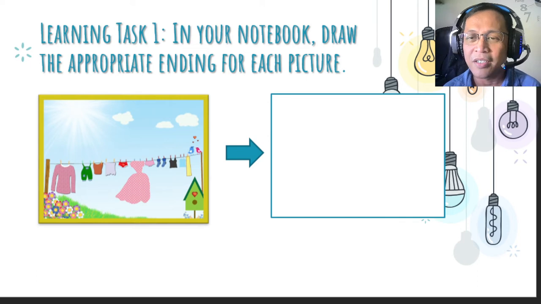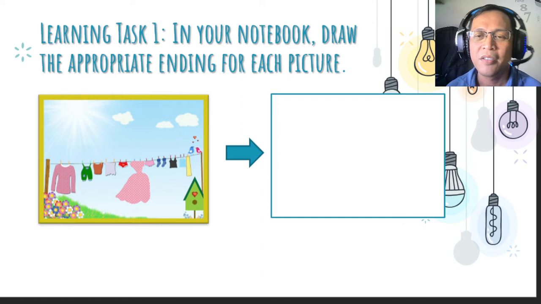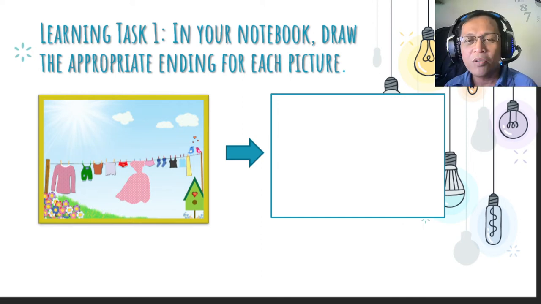What do you think will happen next? What would be the ending of the story, or the ending for the drawing? Again, what you will do is draw the ending that you think is the best ending for the drawing, and draw it on your notebook.